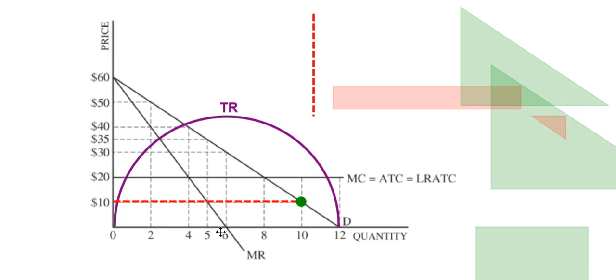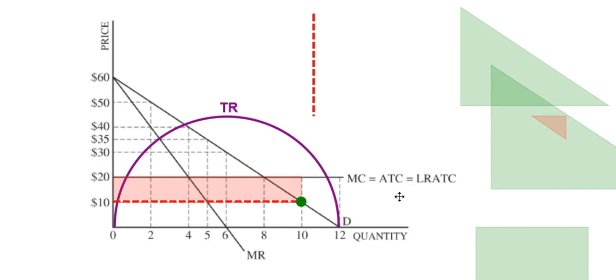If we're going to produce at 10, our price is going to be $10. Let me just be clear on that. If this monopolist is forced to produce a quantity of 10 units, they're going to charge a price of $10 per unit, but their average total cost is 20 per unit. So they're going to experience an economic loss because their price is below average total cost.